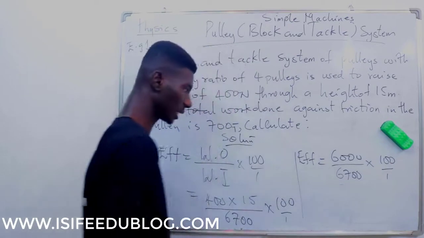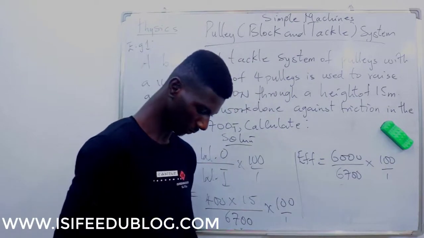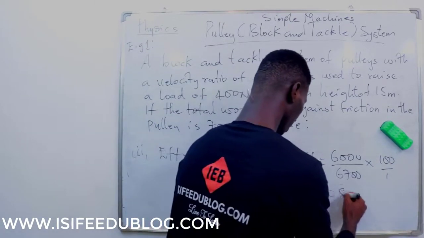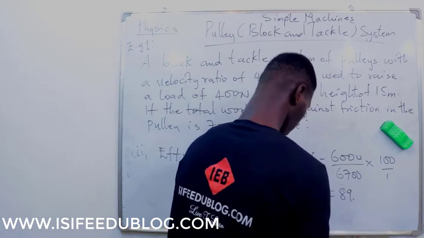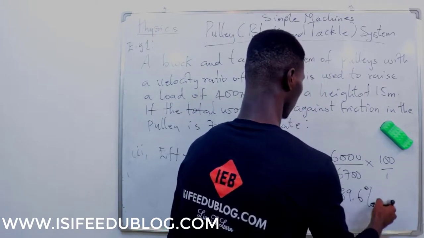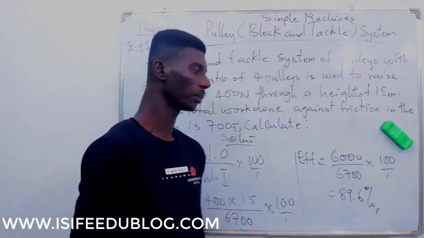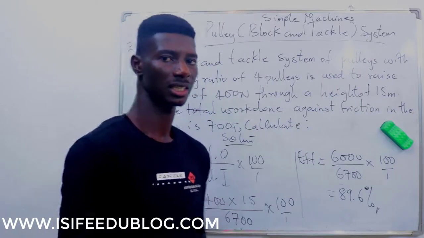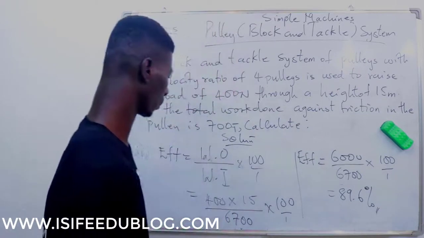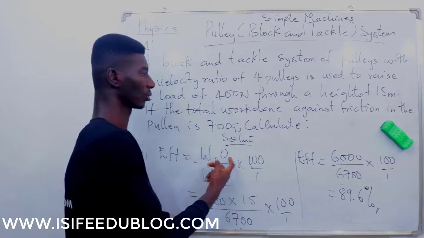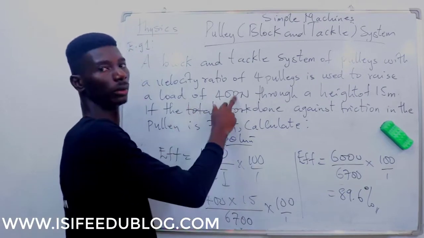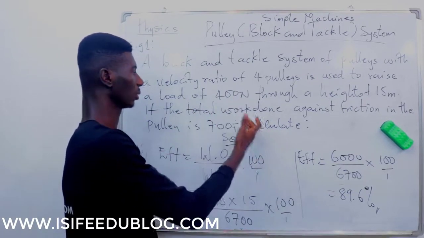So if we punch this in our calculator, what do we have? 89.6%. That is the efficiency. Please be very, very careful with this. The work output is the work done by the load. What is work done by load?